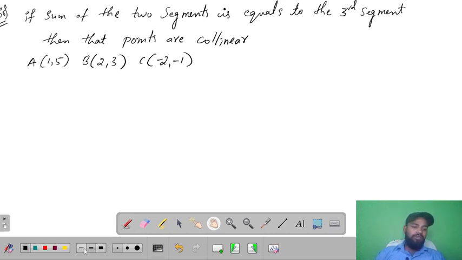So what we do here, we are checking. First we will do for the AB. Okay, AB equals under root distance formula. So I am writing the distance formula first.